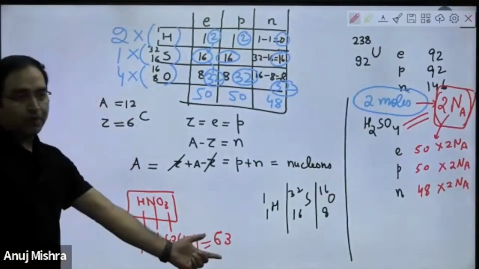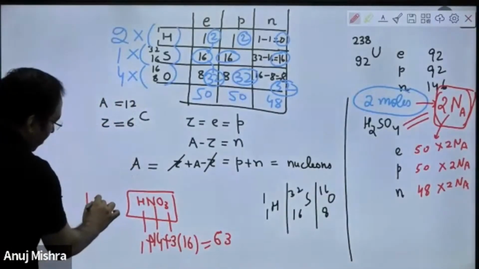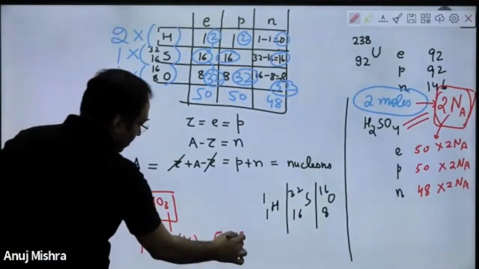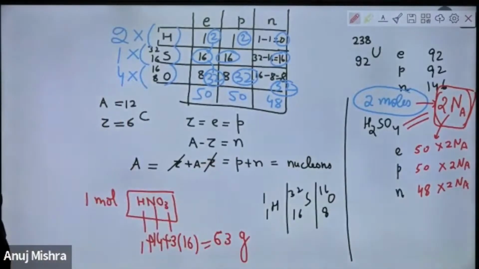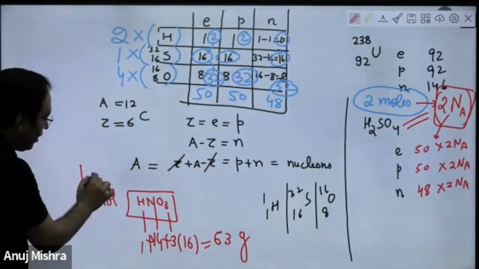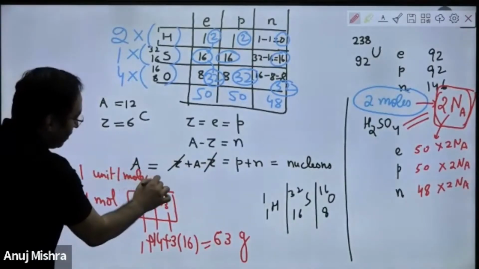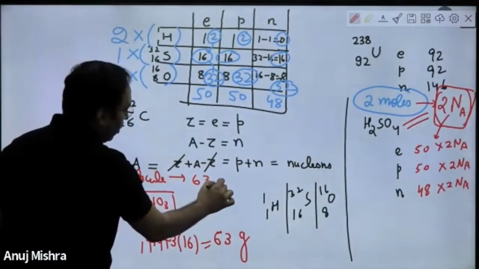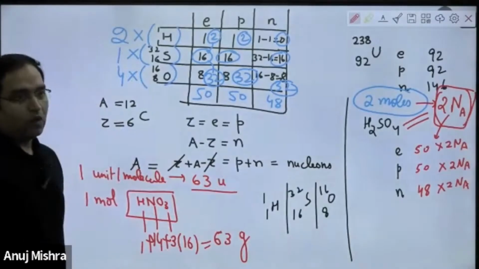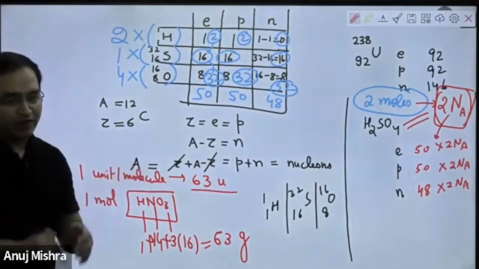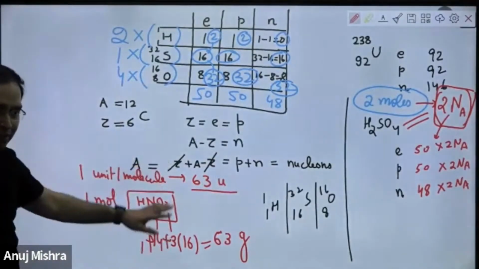So when you say 63, if you take 1 mole of HNO3, how much is the mass? 63 grams. And if I take just 1 unit or 1 molecule of HNO3, what is the mass? 63 u, or 63 units, basically AMUs you have added, right? Are you understanding this logic?